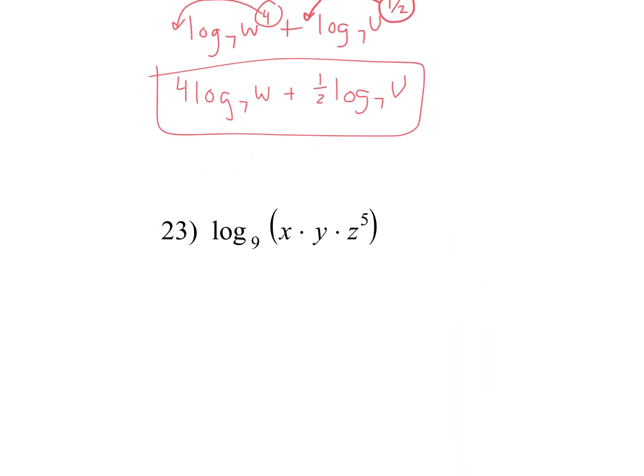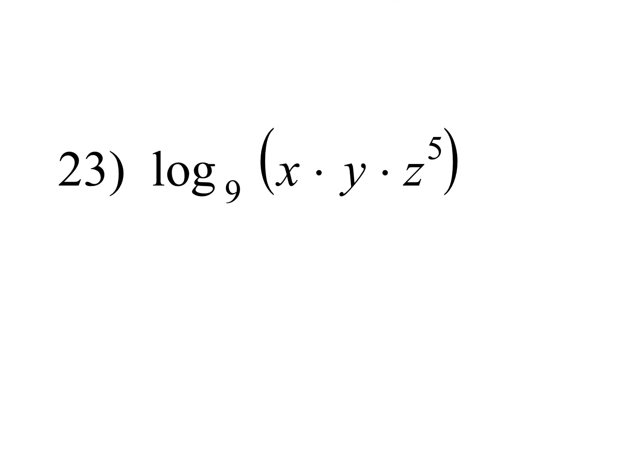All right, let's do 23. So again here, I'm multiplying. So how do I expand? We add. So log base 9 of x plus, every single time I break it apart, I need to add a log in there.